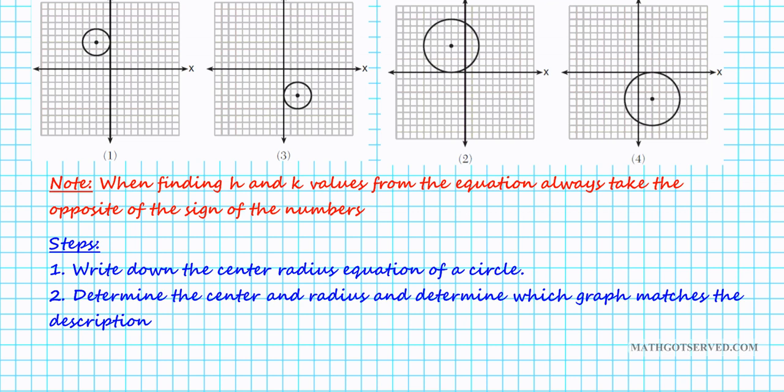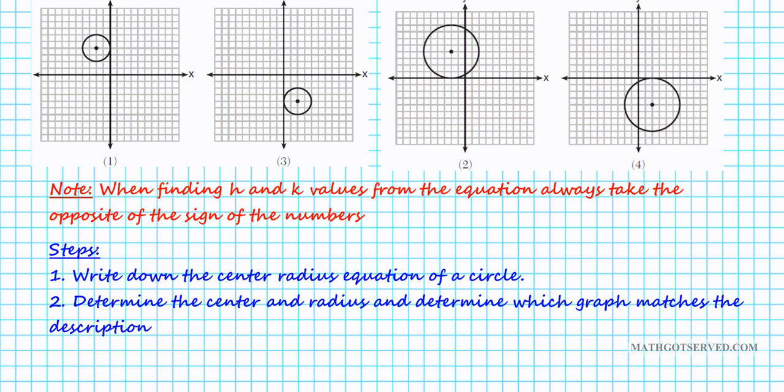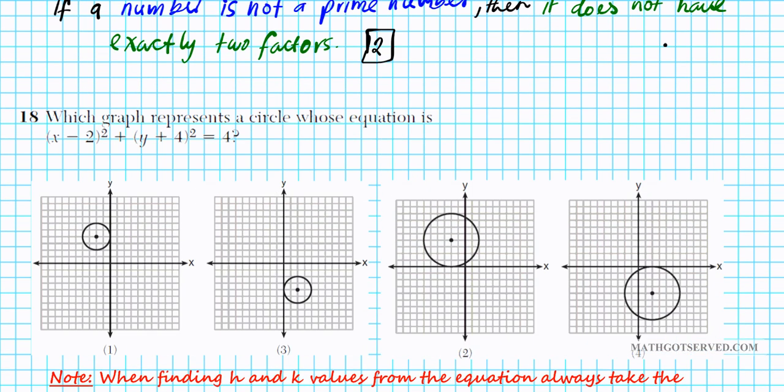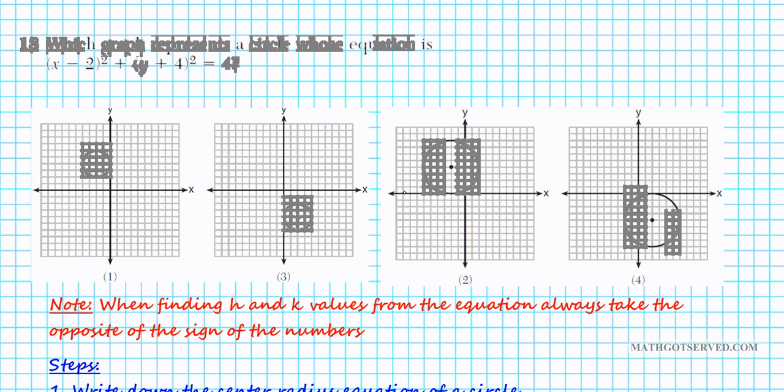The steps we're going to use to solve this problem are as follows. We're going to write down the center-radius equation of a circle to guide our variable selection process. Then we'll use that to determine the center and radius of the circle with this equation, and compare it to our options to see which one matches. So why don't we just find the center and radius of all these circles?